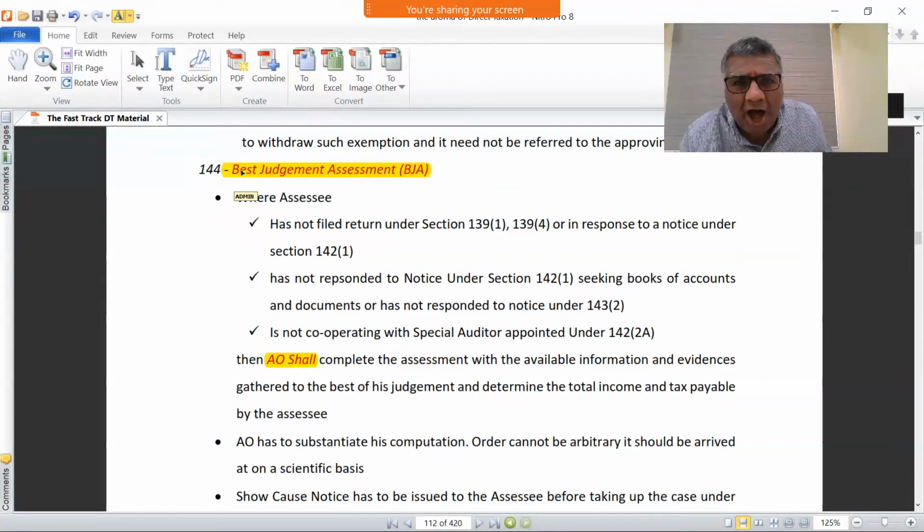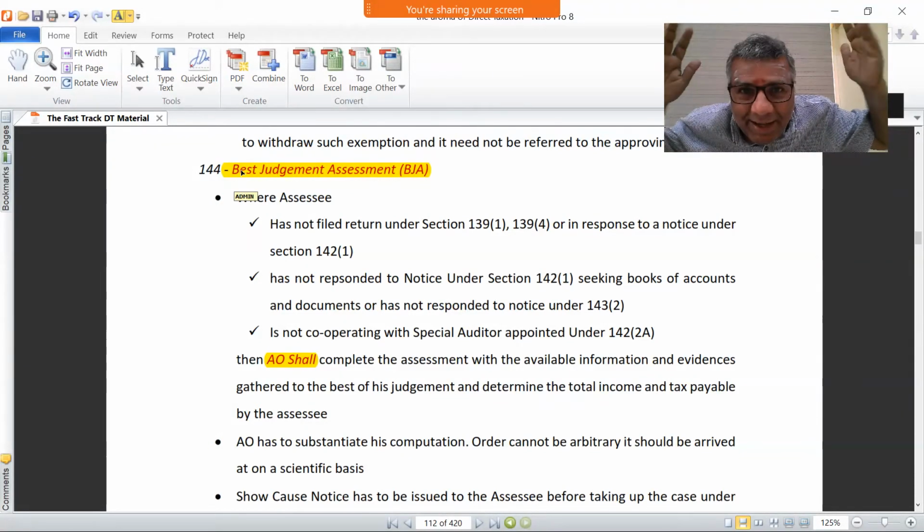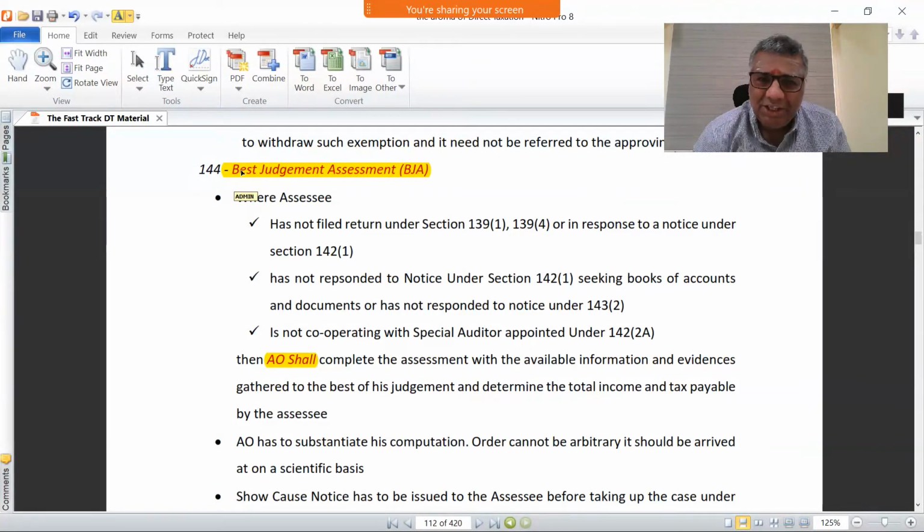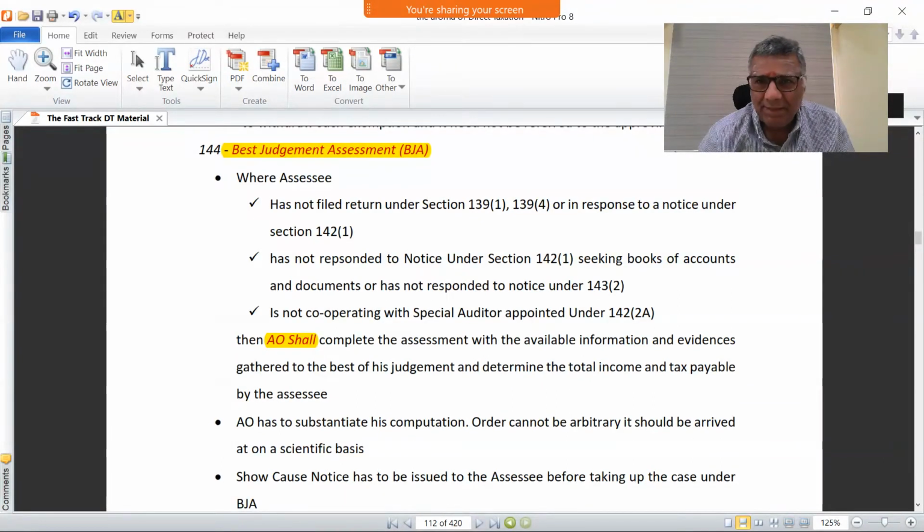He cannot arbitrarily determine, even though the assessee is not cooperating. On seeing you, I think you should have earned 2 crores. That is not correct. That is arbitrary. On a scientific basis, you need to compute and complete the assessment. You should intimate to the assessee that I am going by best judgment assessment.